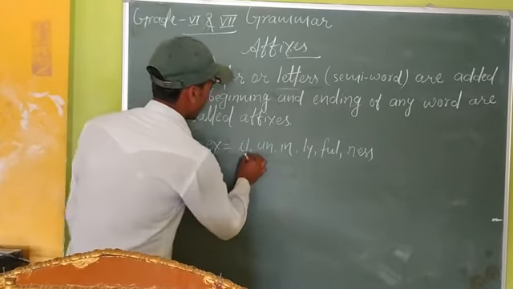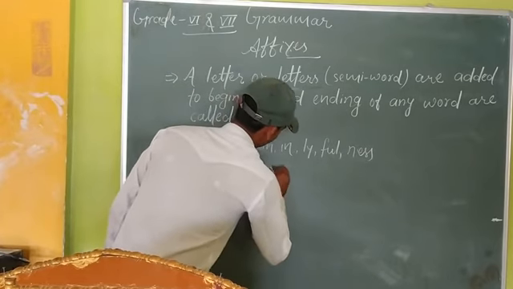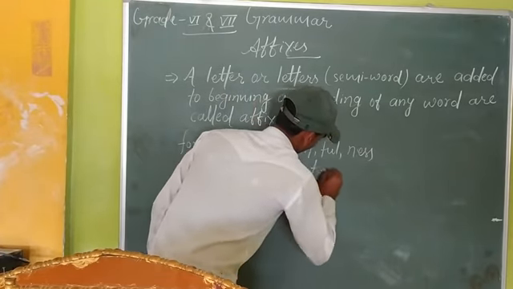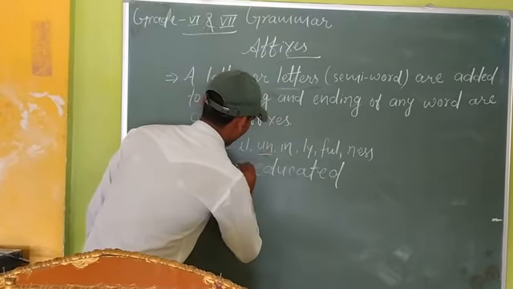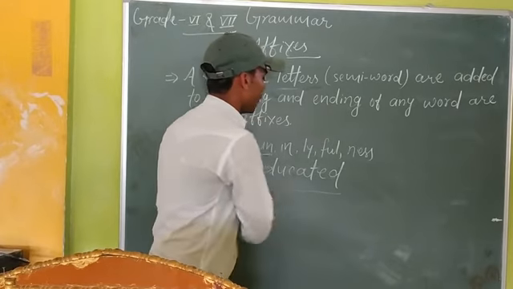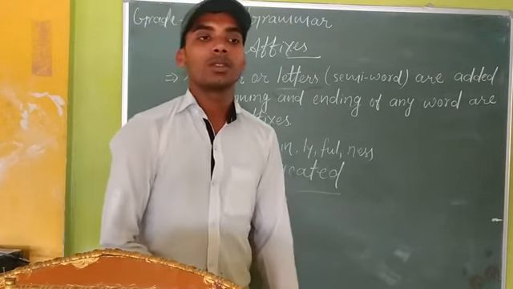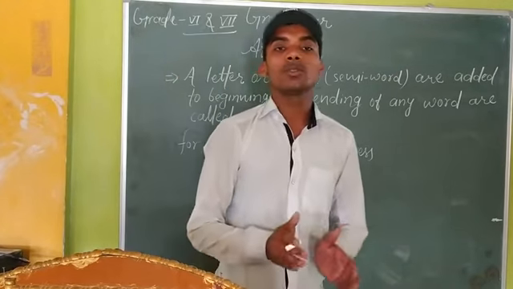Just an example. Suppose this is the word educated. If you are using UN here, then this is providing a different sense. The sense that educated was providing, now it is not providing the same.